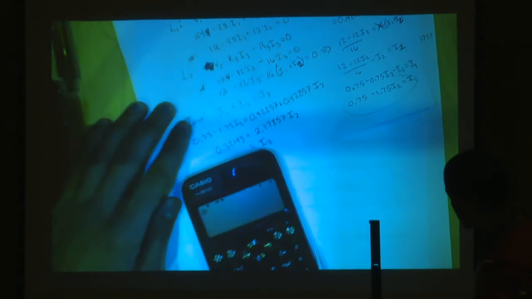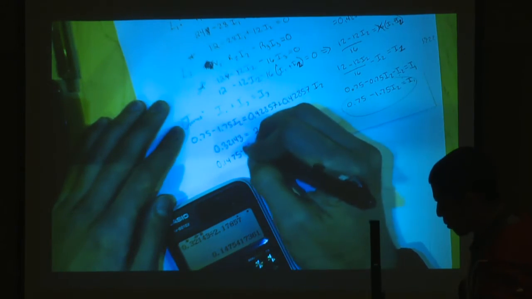Divide out that 2.17857 will give us our I2 exclusively, thus 0.32143 divided by 2.17857 is equal to 0.14754.